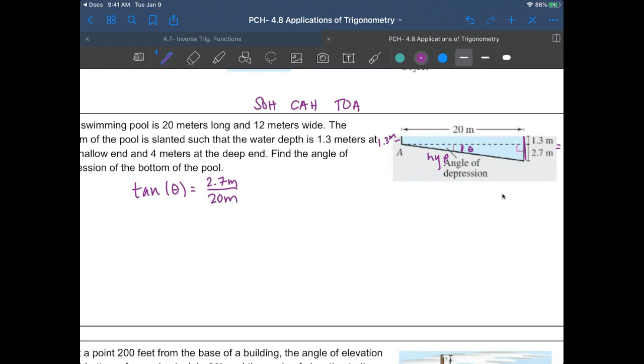So I'm going to use my inverse operation so that the ratio is now my input, and I'm solving for my angle. And in my calculator, I get 0.1335. Oh, wait, just kidding.